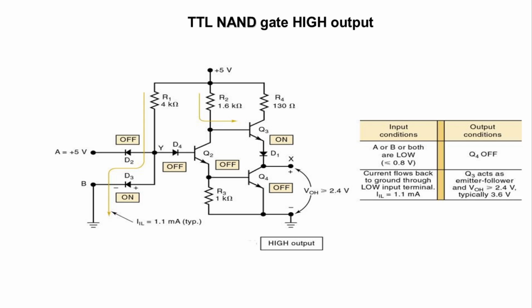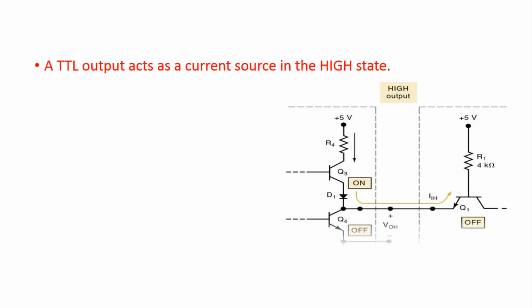So because of this, Q2 will also become off and Q4 will become off and Q3 will become on. So here we are getting the output between X and grounded section as a high output. So that's why the structure is called TTL NAND gate high output structure.